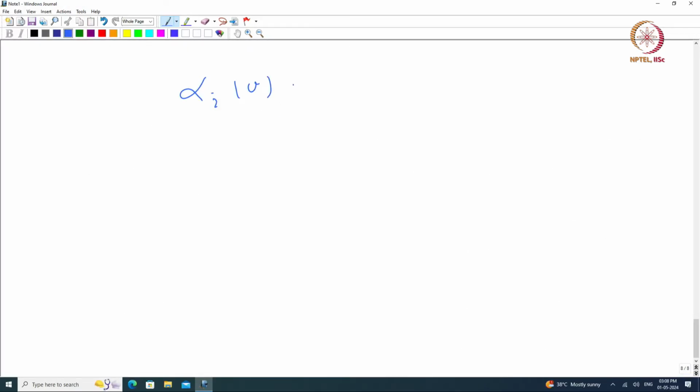For all edges UV, alpha I V is less than or equal to alpha I minus 1 U plus weight of UV.